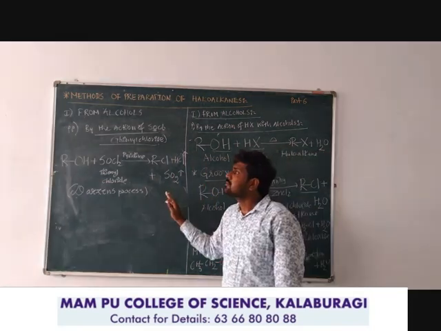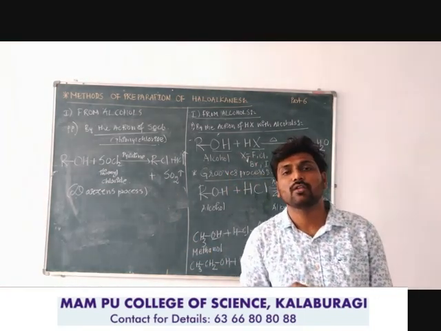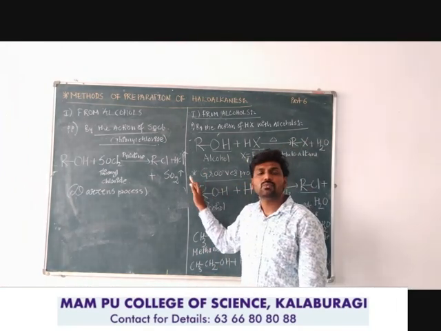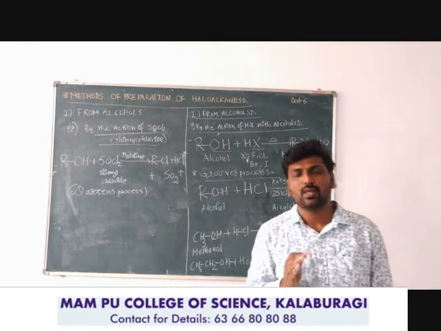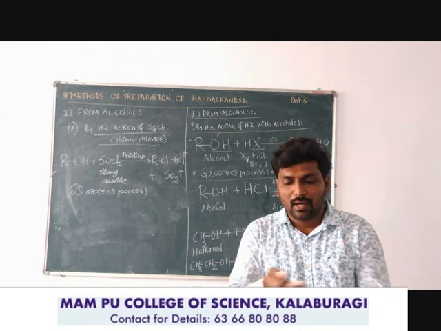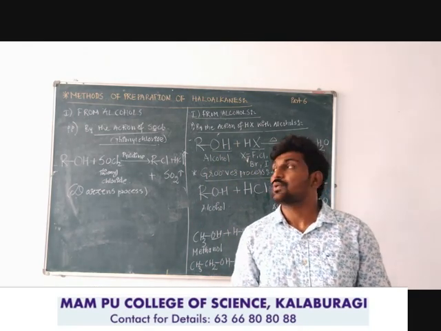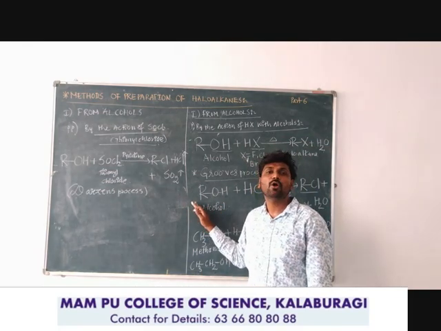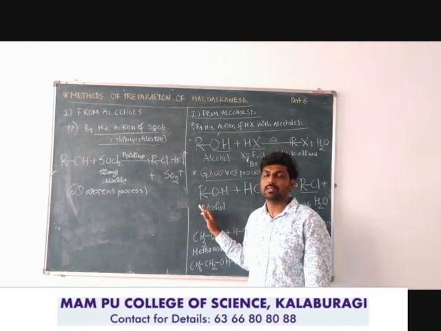This Darzens process is the purest method for the preparation of chloroalkane, because whatever byproducts we are getting are available in the form of gas. When the byproducts are gases, they easily evaporate, giving back the main product, that is chloroalkane. So it is known to be a pure form of preparation of chloroalkanes, remember.